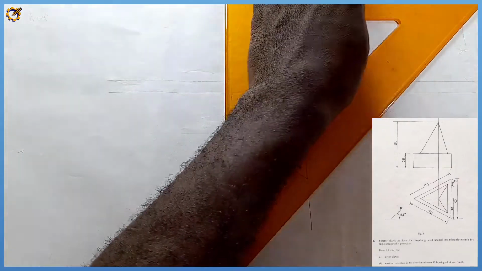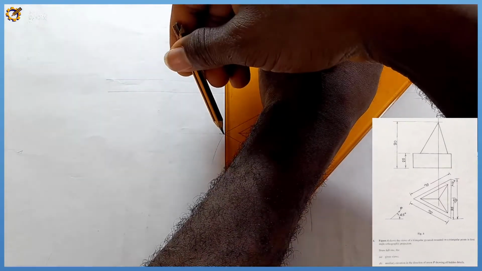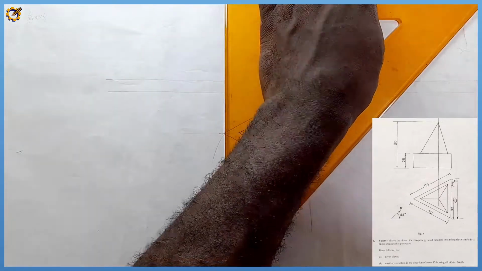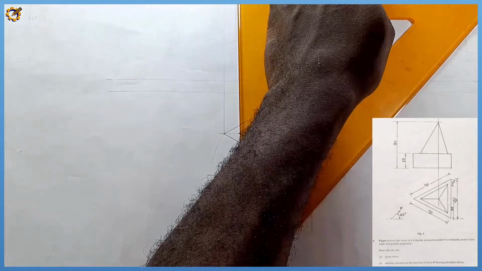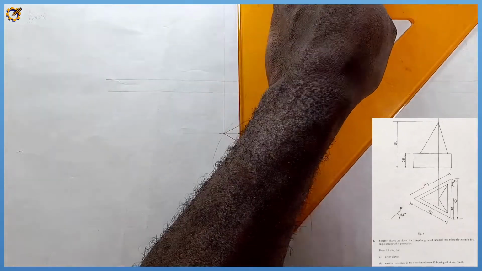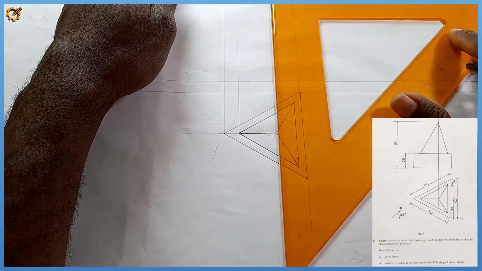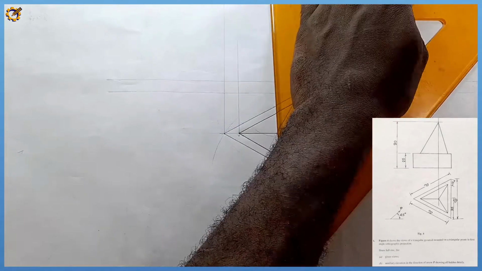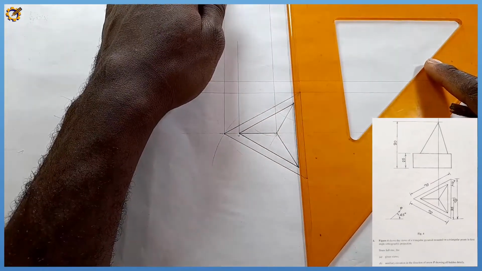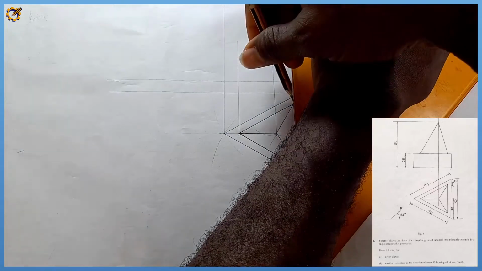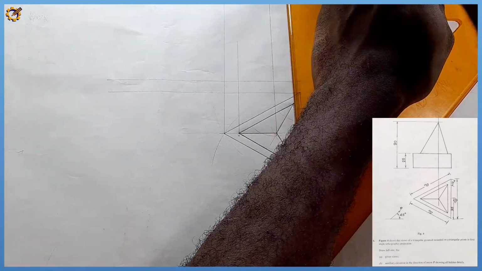Starting from here, I'm projecting this to the top faintly. I'm projecting this junction also right here to the top. All right, that center to the top, and this area to the top also.